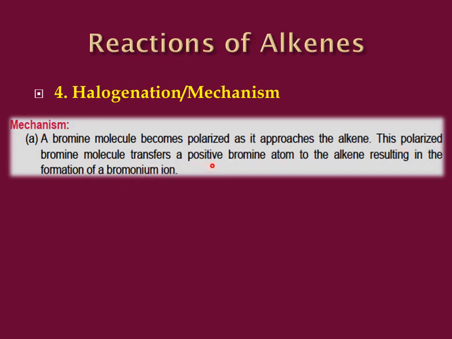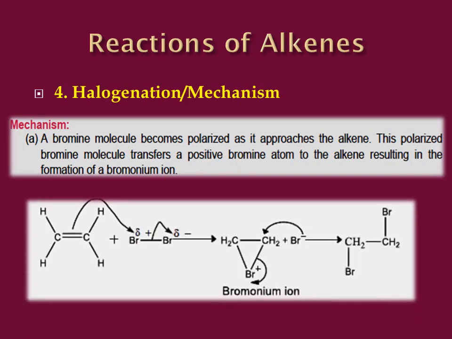In this chemical reaction you can see that as the Br2 molecule approaches this alkene, it gets polarized because its electronic density gets perturbed or disturbed, giving one bromine atom a partial negative charge and the other a partial positive charge.